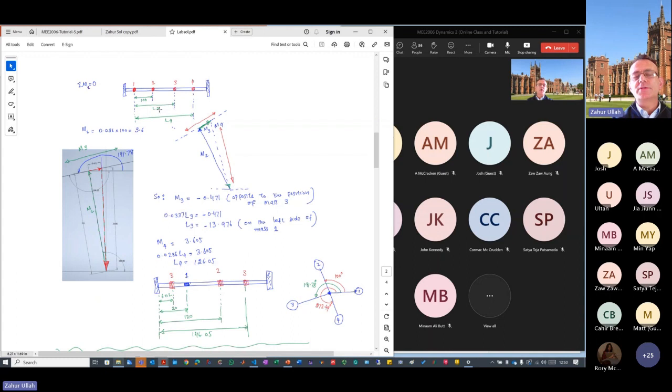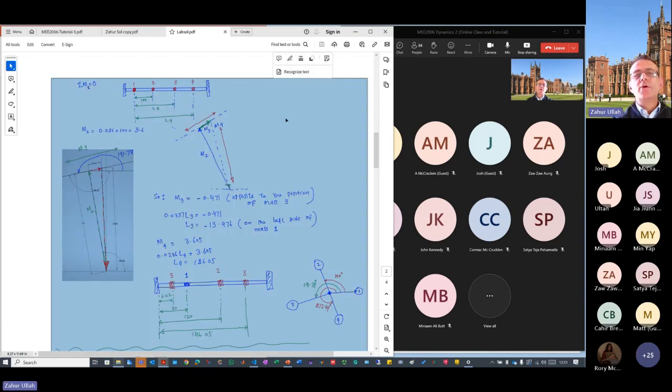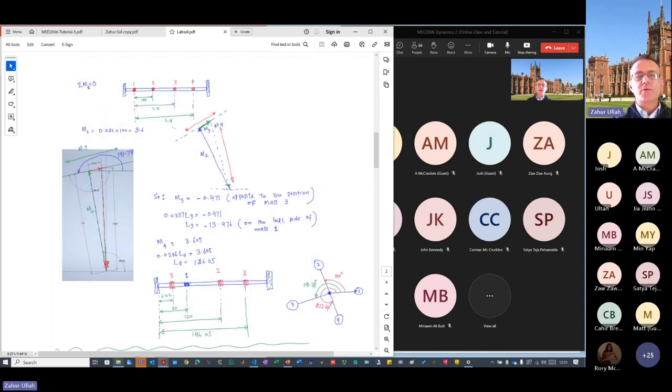Because we don't know x3 and x4, you just assume that these are somewhere here, both on the right hand side of M2. So you assume that 3 is here and 4 is here. In the calculation, we now need to calculate this L3 and L4.